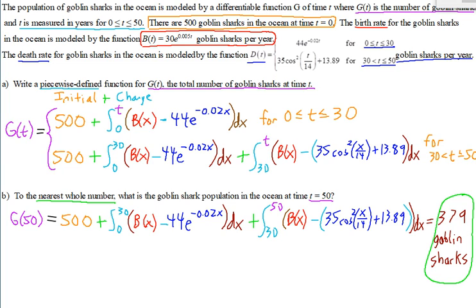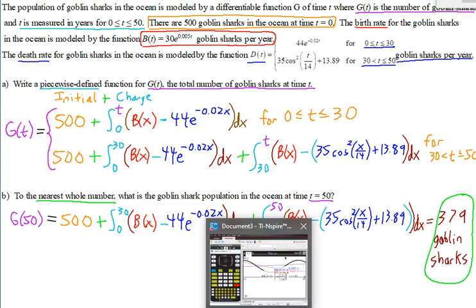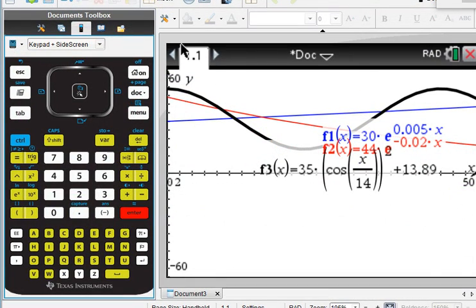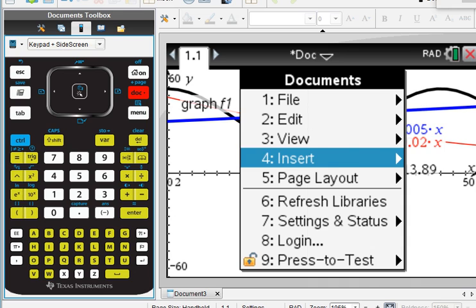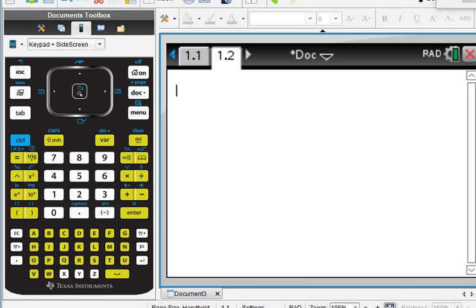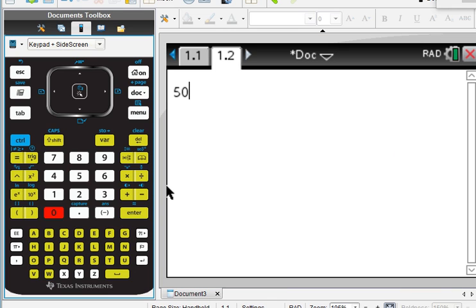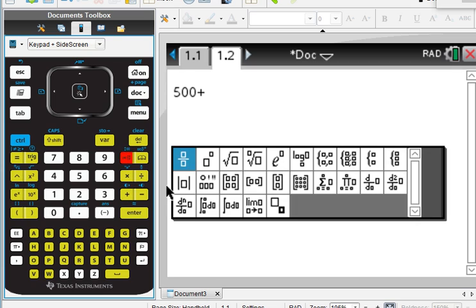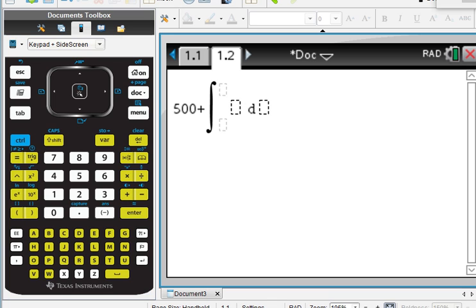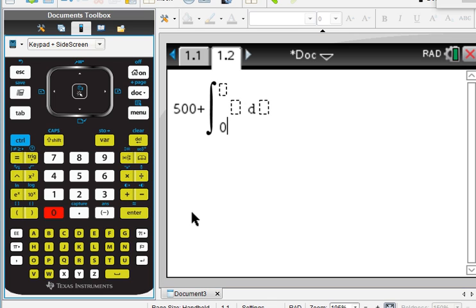All right, then let's look at the same thing on the Inspire here. So then we can go doc, insert, calculator, and then we can type in the same thing, 500 plus, integral is right next to the number 9, integral from 0 to 30.